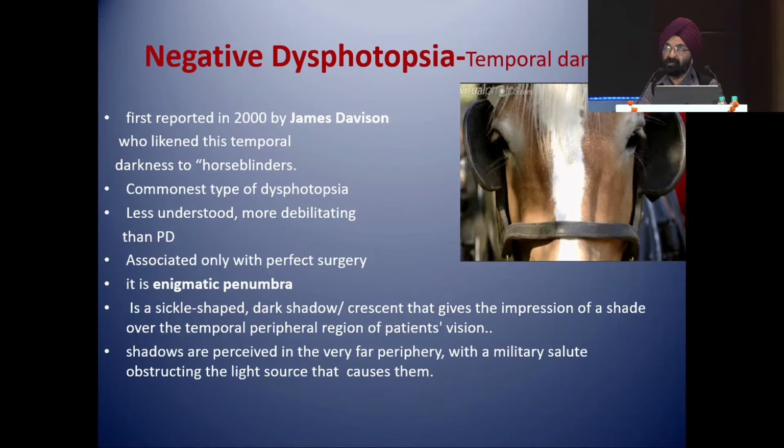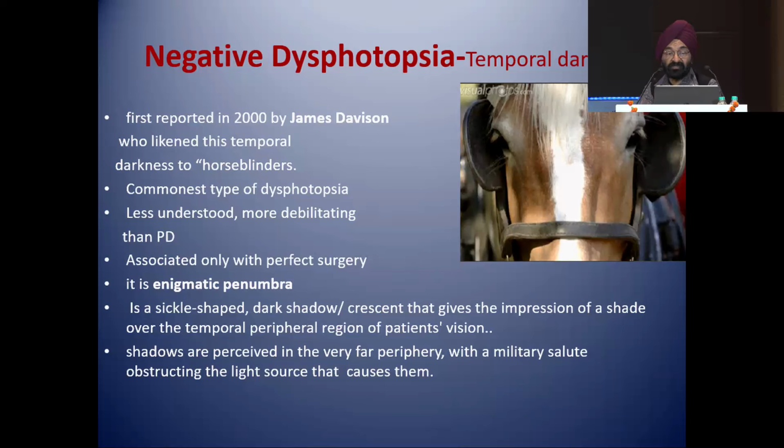Negative dysphotopsia was reported for the first time in 2000, and was likened to horse blinders. It is the commonest type, less understood, more debilitating than positive dysphotopsia, and unfortunately or fortunately, it is associated only with perfect surgery, perfect surgeon, good lenses. It does not occur otherwise.